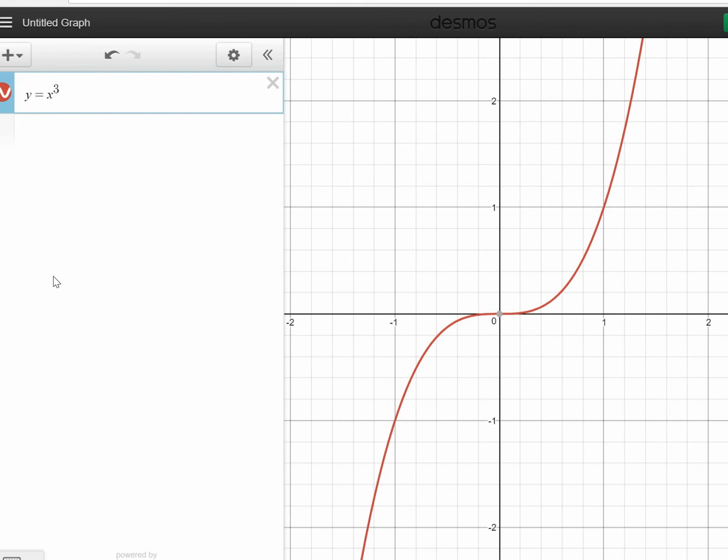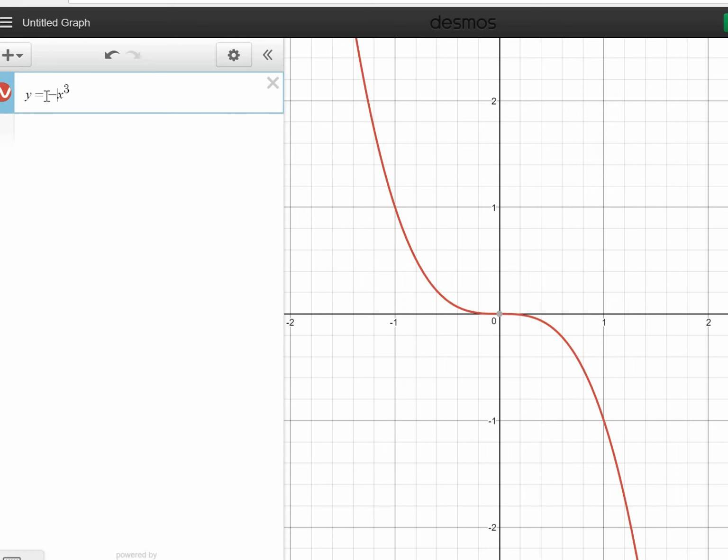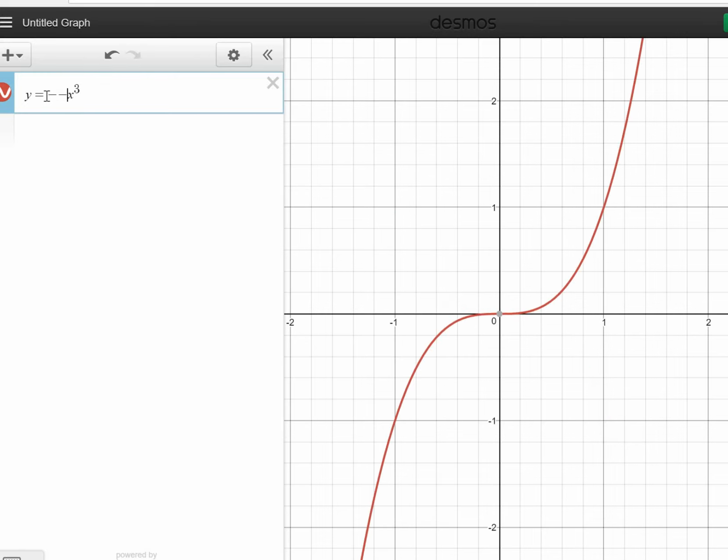So here we are with y equals x cubed, and instead of positive x cubed, let's put our negative in. Alright, we get a flip about the y-axis, or about the x-axis. Okay, either way, it's been completely mirrored.